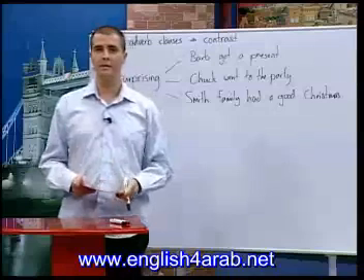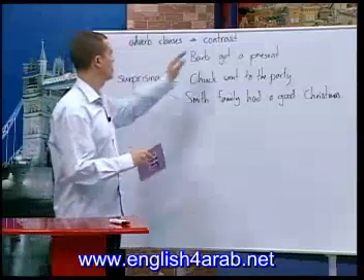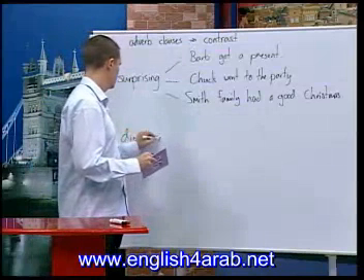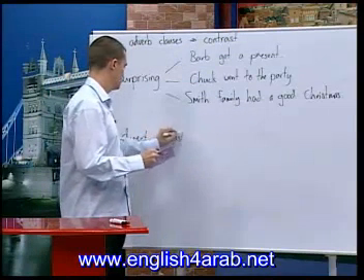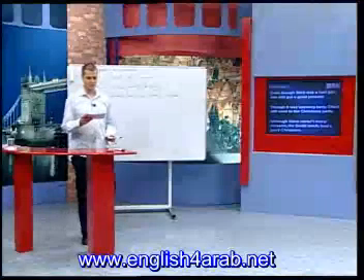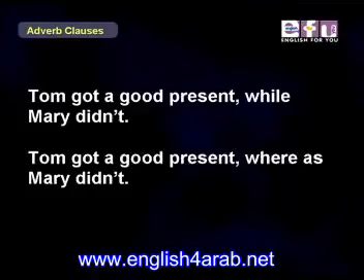Okay, the second is adverb clauses of direct contrast. We've got this contrast, now we have direct contrast. Here are some examples. Tom got a good present while Mary didn't. And Tom got a good present whereas Mary didn't.